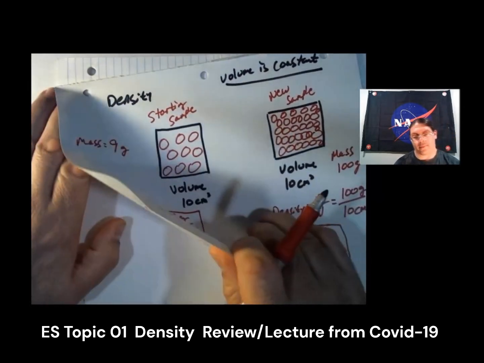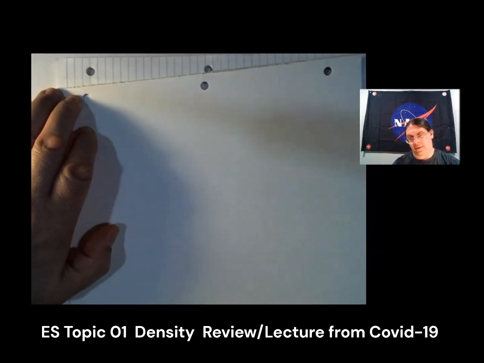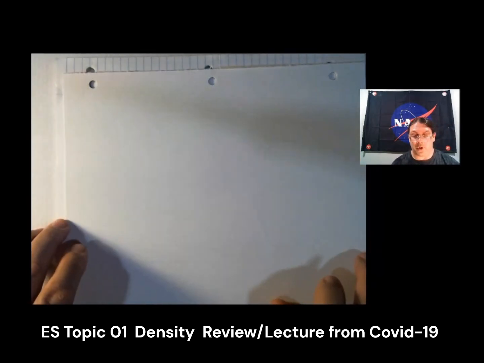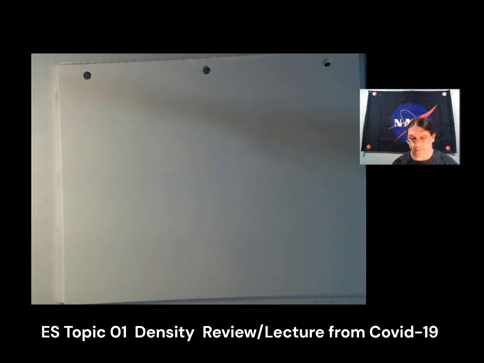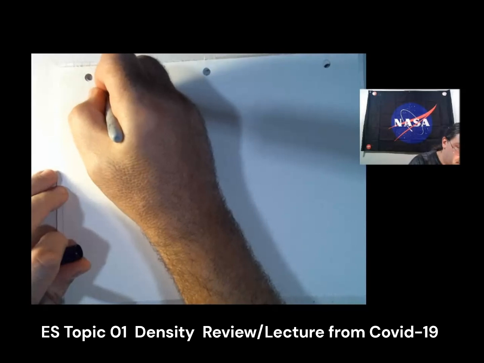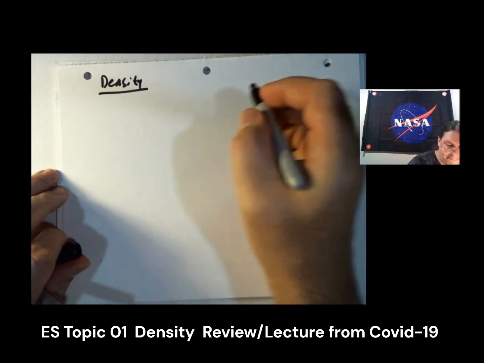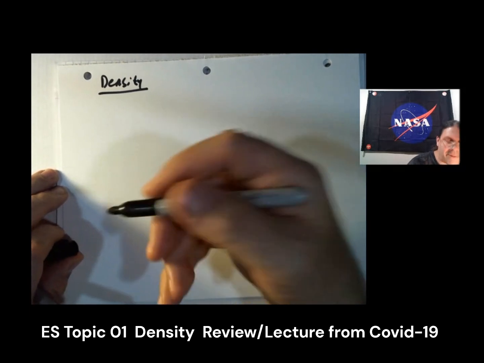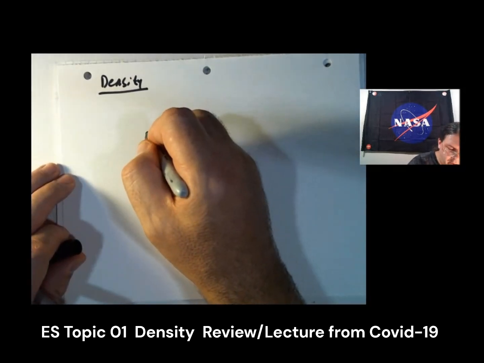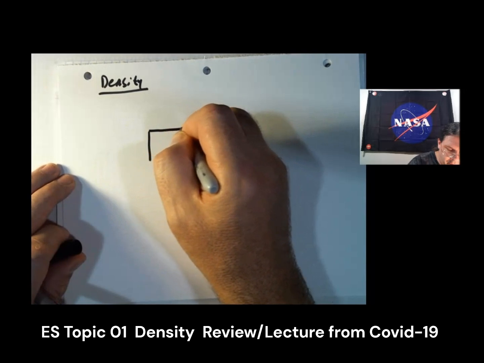Now what happens when mass is constant? So let's take a look at density again. And I'm going to have my mass remain constant. So I'm going to start off with this volume here.